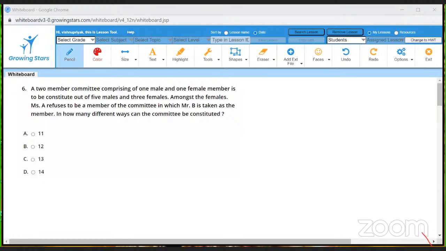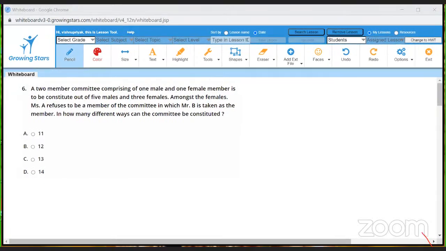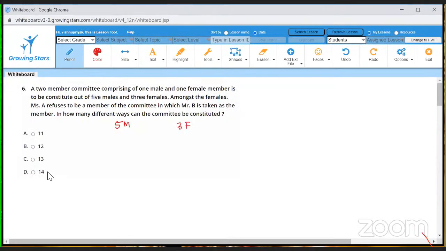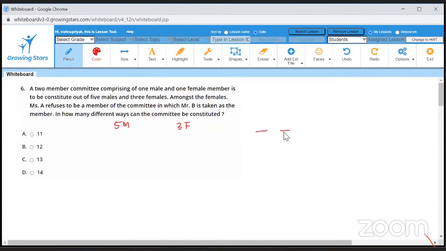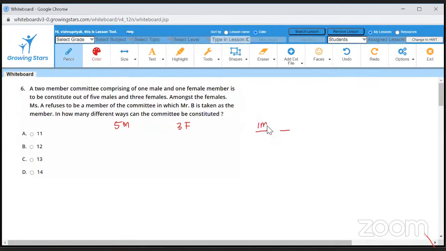In how many different ways can the committee be constituted? So actually there are 5 males and 3 females. Out of that, you have to make a 2-member committee group. And this group must have, very important, 1 male, 1 female.